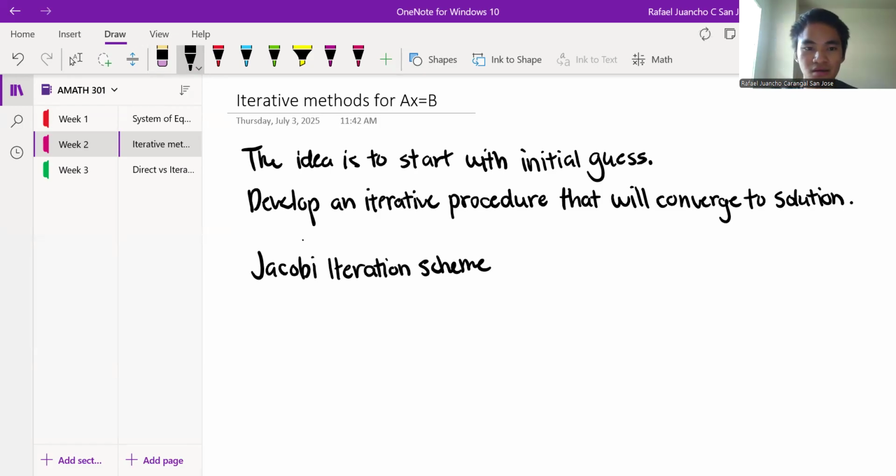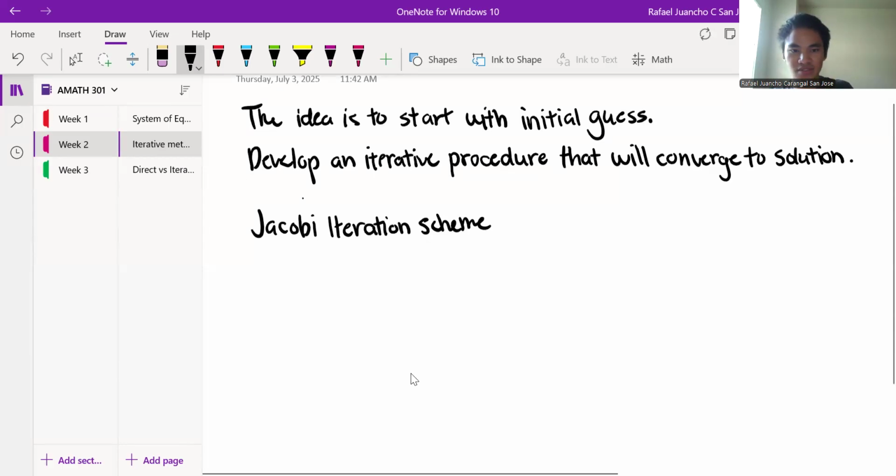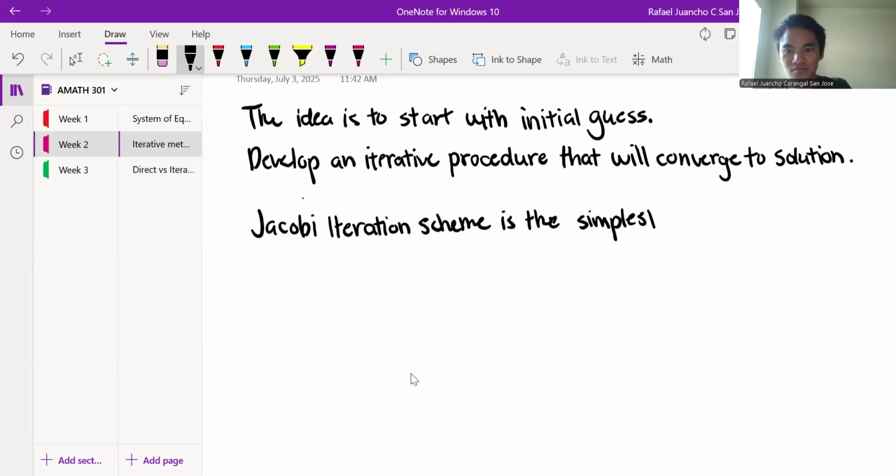Okay, so let's consider an example. This is the simplest method. Here I'm just making notes for myself. So here we're being asked to consider a linear system.